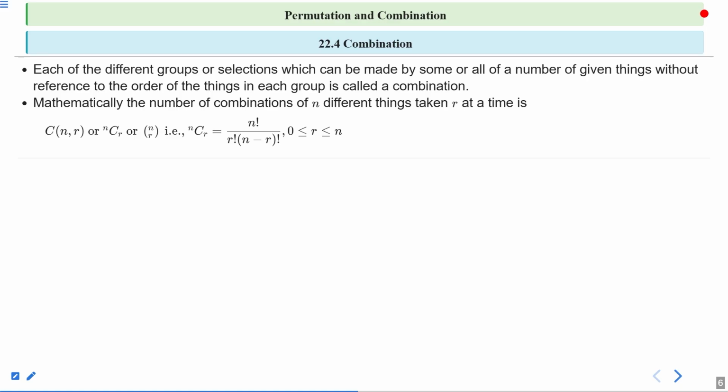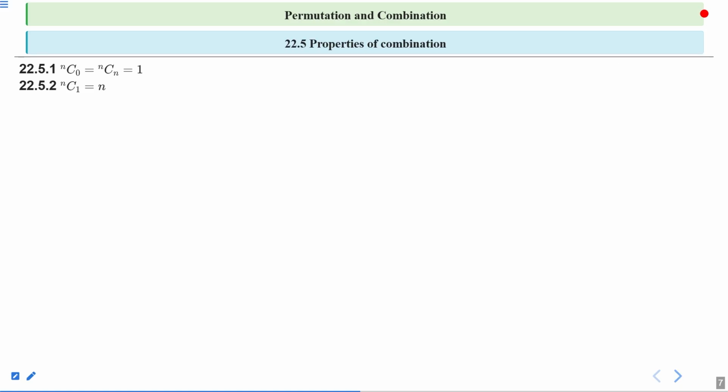The properties of combination: nC0 = nCn = 1, nC1 = n, nCr = nC(n−r). Next, if nCr = nCp, then either r = p or r + p = n.